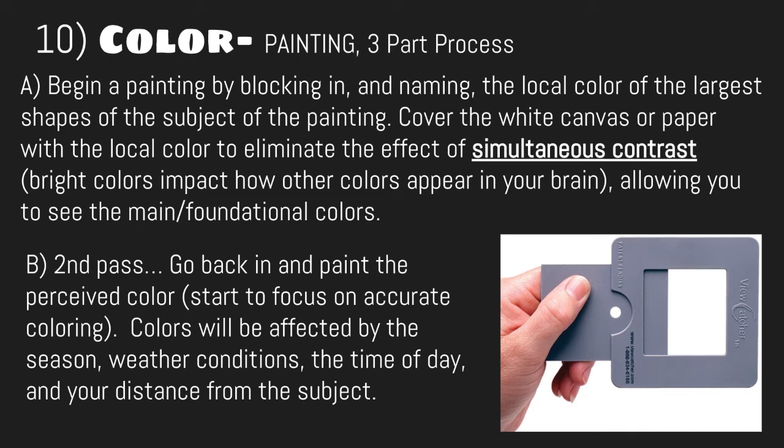The second pass, and so this is B, you go in and you start to be a little more perceptive about the details in the painting. If you were painting a basket with an orange and it was under a candle, you might throw in a little bit more yellow than you would have if your basket was outside in a thunderstorm, okay?